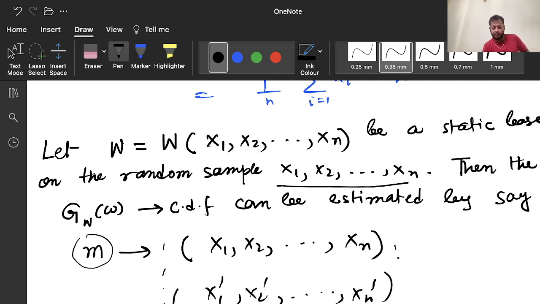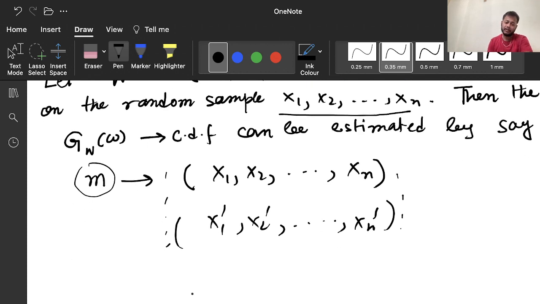So this type of set, suppose m sets of these numbers.